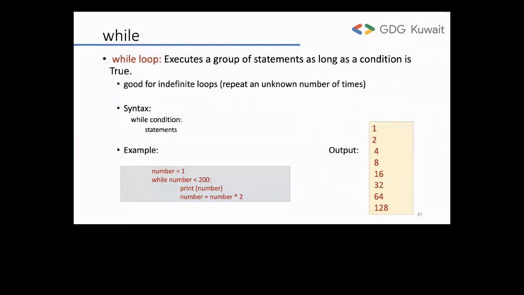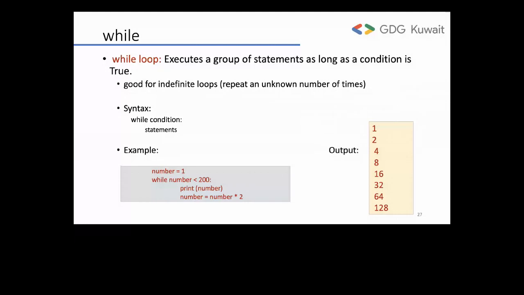So here in the example, we have number equals 1, while number is less than 200, please print the number and make number equal number times 2.